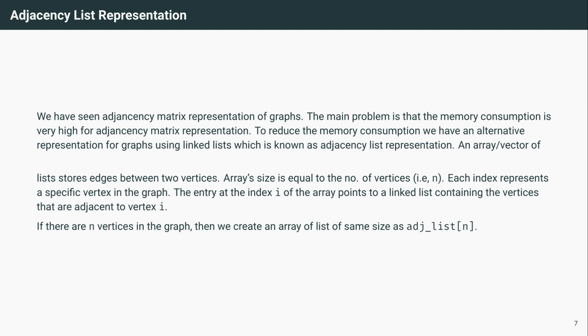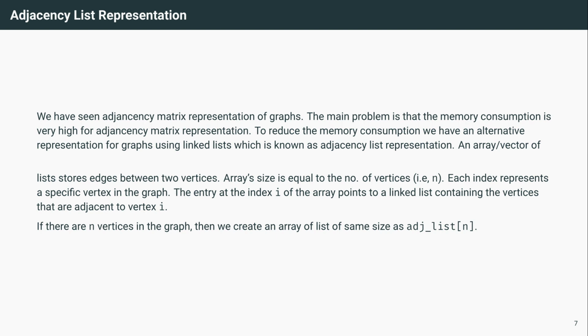So to reduce the memory consumption, or to solve this memory problem, we use an alternative representation of graphs using linked lists, which is known as adjacency list representation. In adjacency list representation, an array or vector of lists stores edges between vertices.